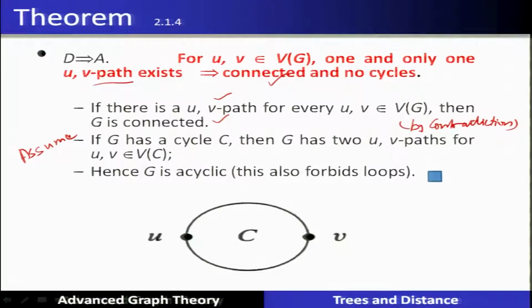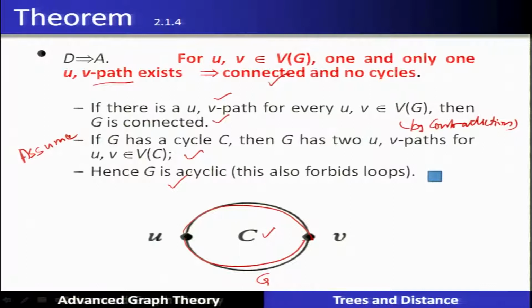Let us assume there is a cycle in G here, then G has two u-v paths. This is one path, this is another path between u and v, and going around this particular cycle will provide two different paths. Hence, G is acyclic.